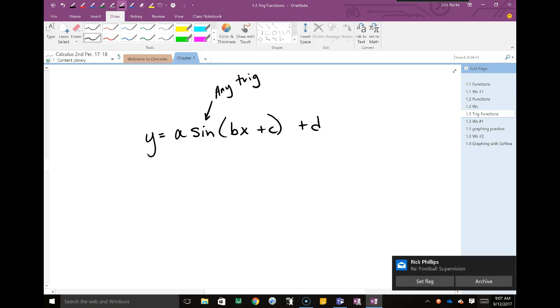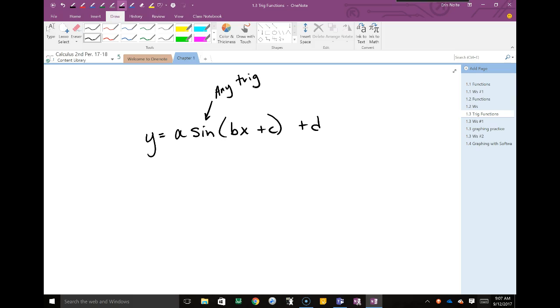Does this look familiar, or is anybody slightly surprised by a little bit of something? Does this look the same as last year? I hope you're saying no. At least for the people who were in advanced algebra last year, or advanced math 3. Okay, last year when we learned it, this B piece was like this, x plus c.